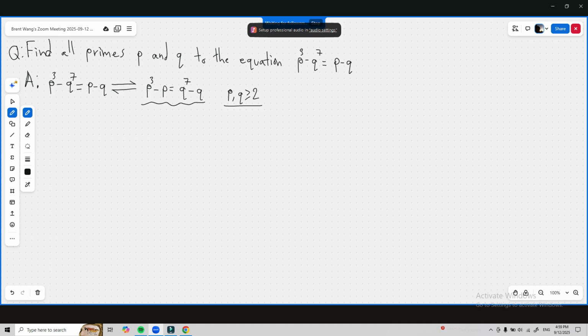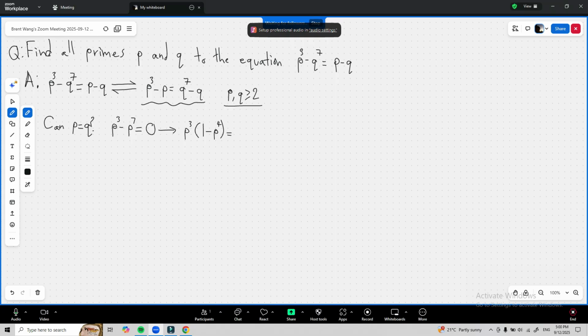Now, the second thing you want to do is see, can p equal q? Let's just see that. So that's p cubed minus p to the power of 7 is equal to 0, because p minus q is 0. So then p cubed times 1 minus p to the power of 4 is equal to 0.